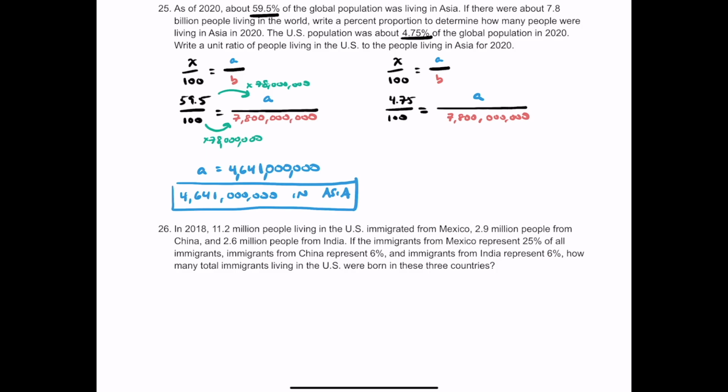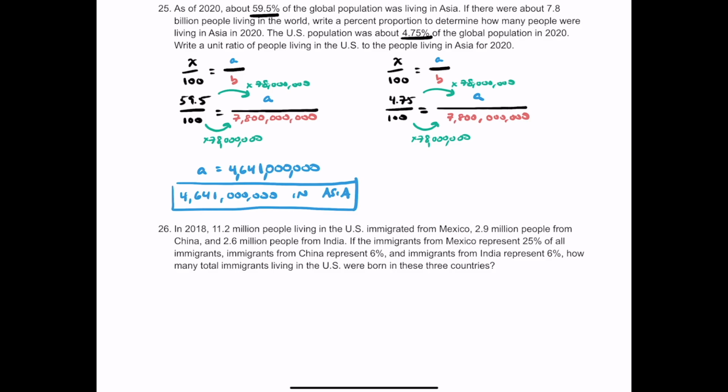And what can I do to save myself a little bit of time here? Go ahead and multiply this out. That's that. And then the top should be the same. So 4.75 times 78 million. So I'm going to use a calculator again. 4.75 times 78 with 6 zeros. Cool.